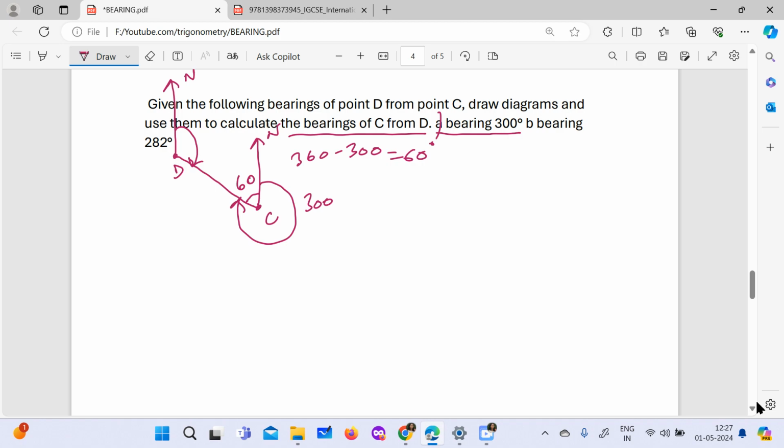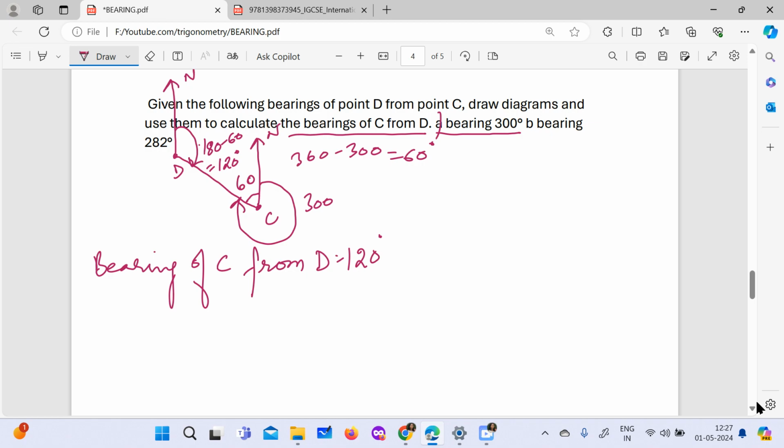The sum of co-interior angles is 180 degrees. So this one will be 180 minus 60, and that will give you 120 degrees. So your answer will be the bearing of C from D is 120. I hope this is clear to everyone.